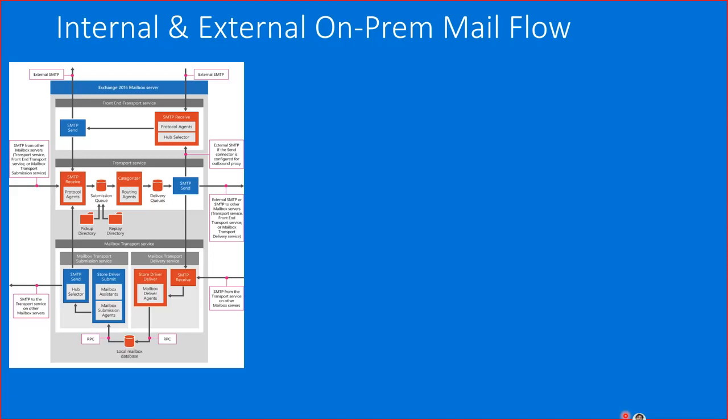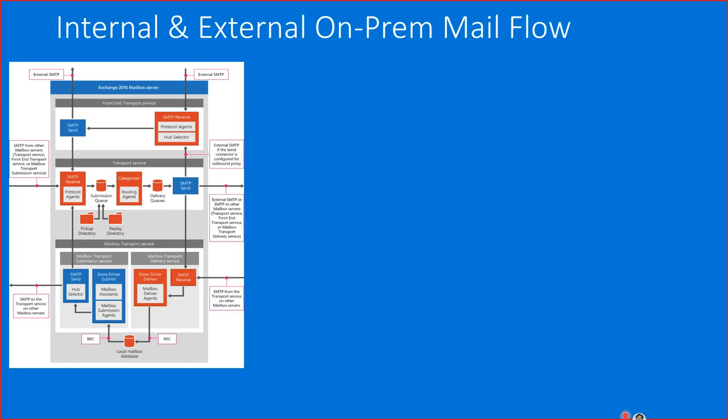Does it need to inspect the message and see whether the message has content which might be something that the administrator wants to block? So all those functions take place on the transport service of the mailbox server in Exchange.